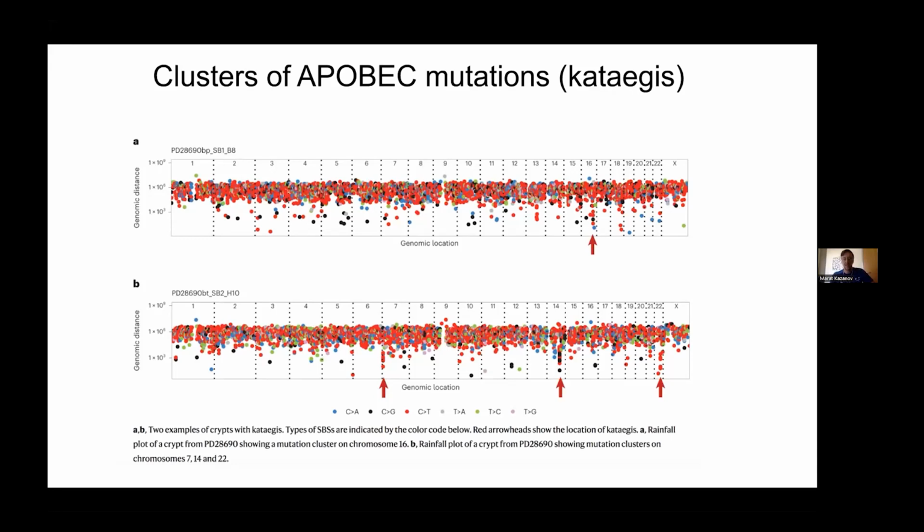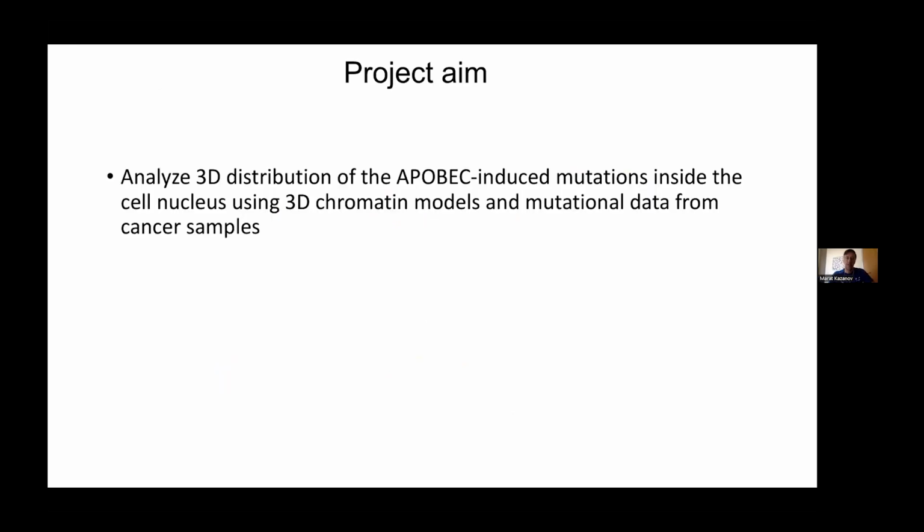To start this project, we were interested in the other mutations which are scattered along the genome. We had a hypothesis that these mutations may also be clustered, but in 3D. So the goal of our project was to analyze the 3D distribution of Apobec-induced mutations using Hi-C data in cancer samples.